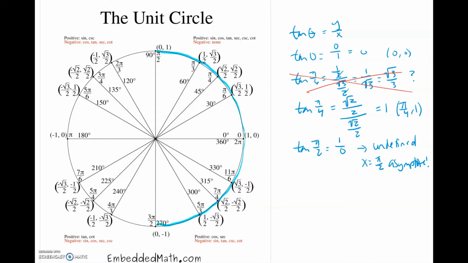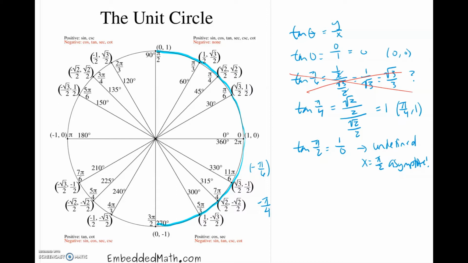So if I go down to this 11 pi over 6, remember, that is just negative pi over 6. Thinking along the same lines, this 7 pi over 4 is basically your negative pi over 4. Then we have negative pi over 3 and so on.